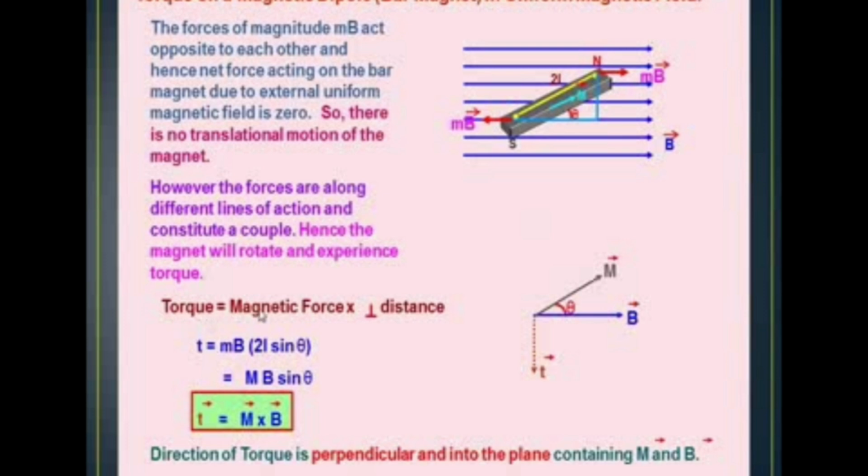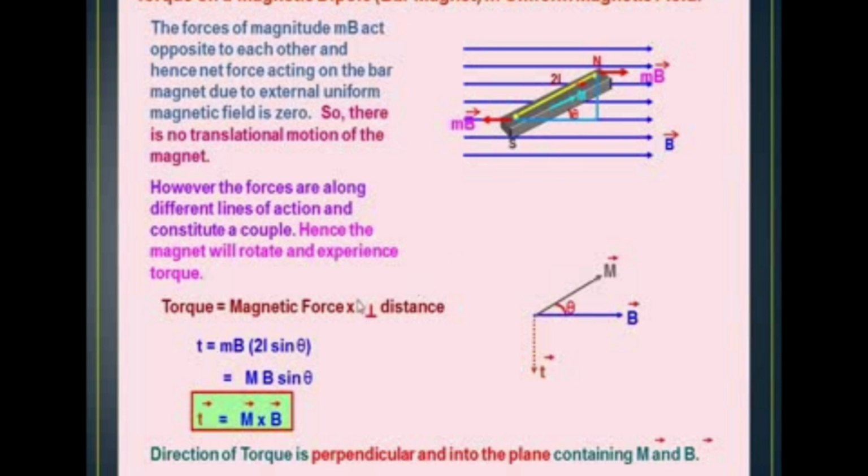So torque tau is equal to magnetic force, any one of the forces, into the perpendicular distance. So torque equals m into B, where m means pole strength and B is the magnetic induction. That is the magnetic force mB, any one of the forces, because the two sides are the same. So you can take any one value mB into the perpendicular distance.